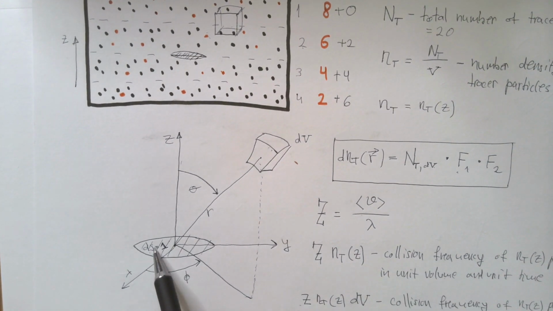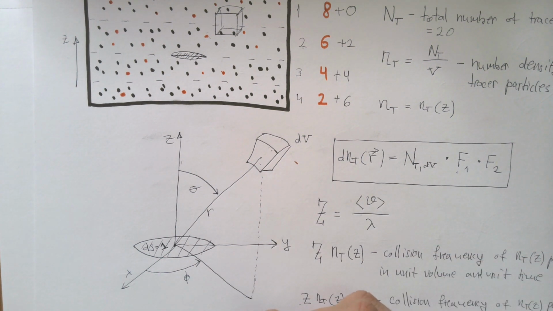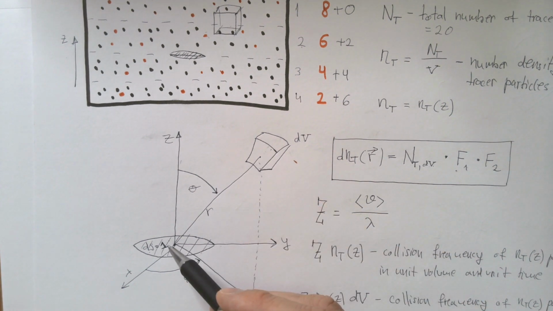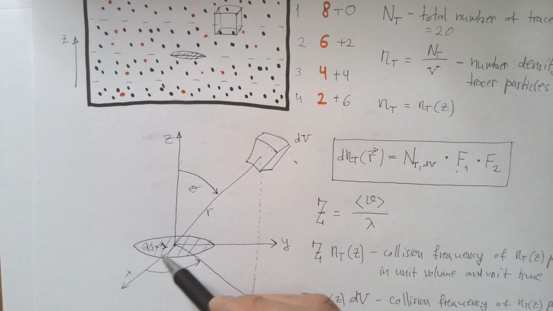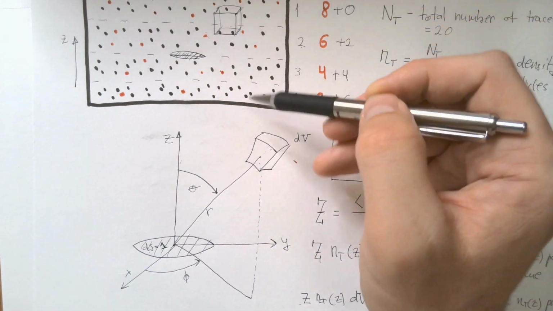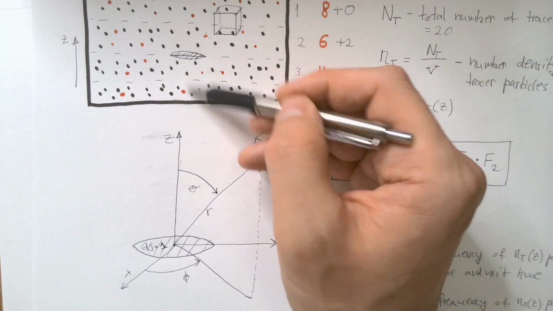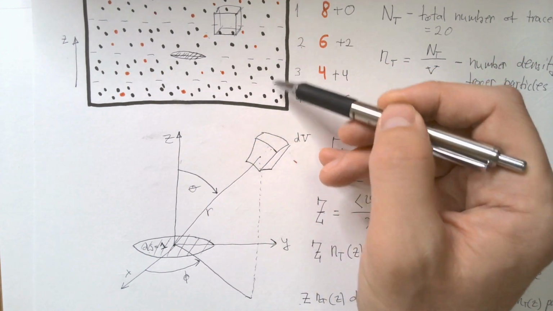As you can see, this ds was unit area. So let us now use that expression to see what is the number of these tracer particles hitting this unit area from above, namely from layers 1 and 2, compared to the number of red particles that are coming from below, from layers 3 and 4.